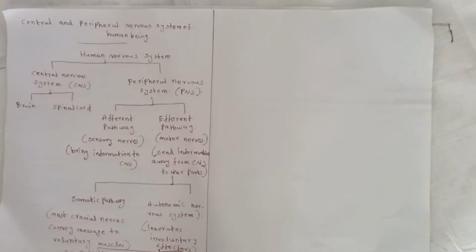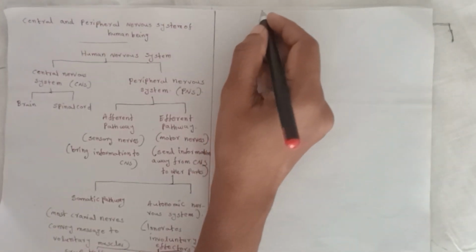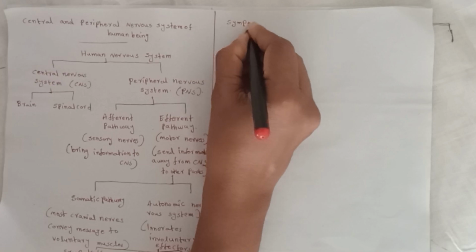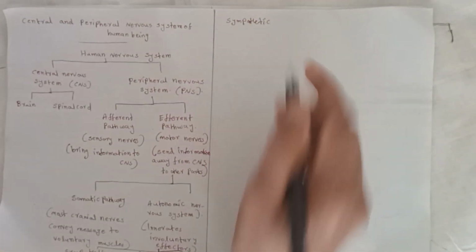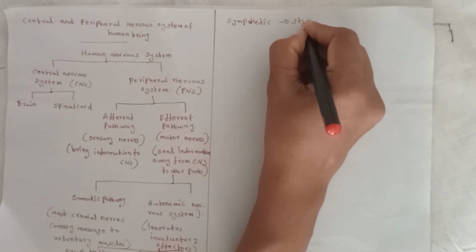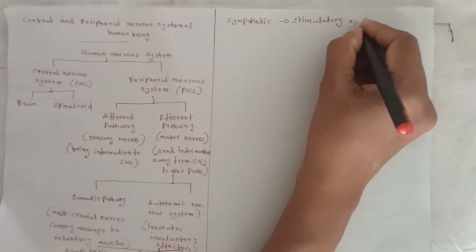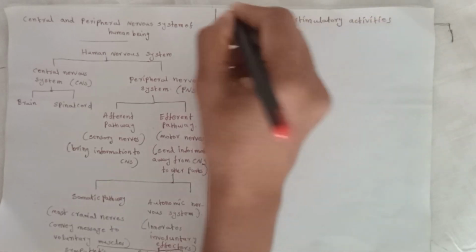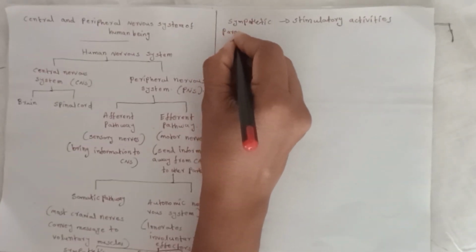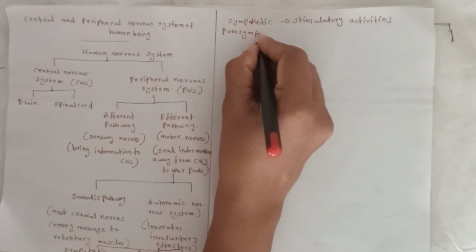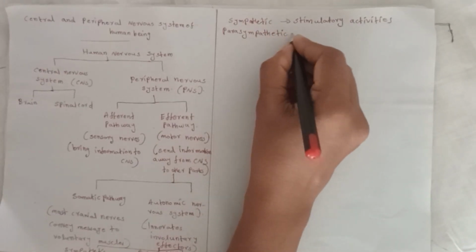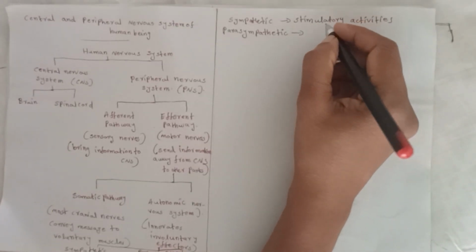Sympathetic means stimulatory, it controls stimulatory activities, and the parasympathetic part controls calming effects.